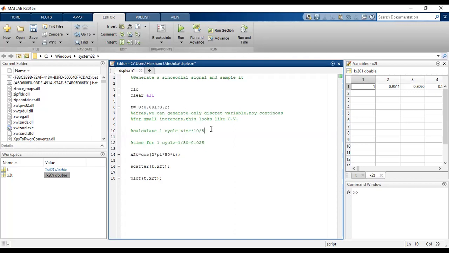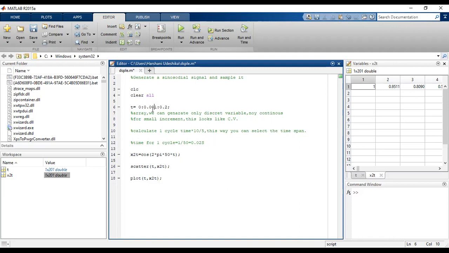So this way you select the time span, and you also need to decide the increment.